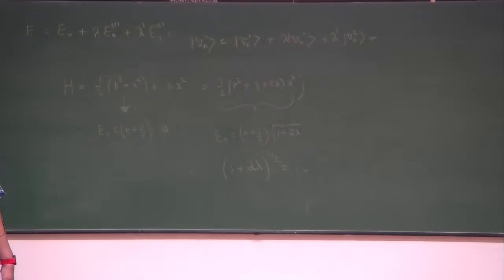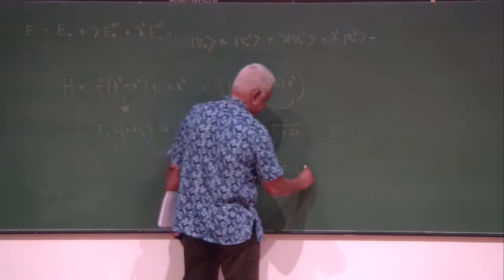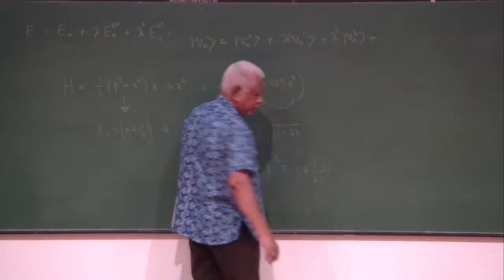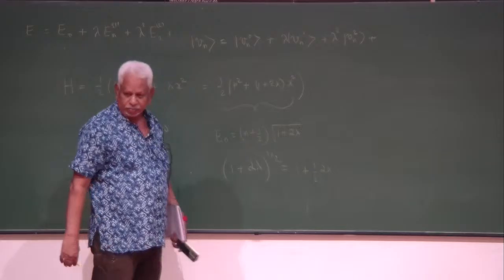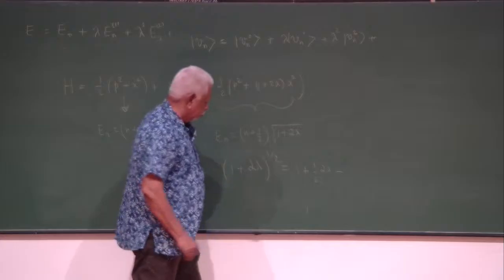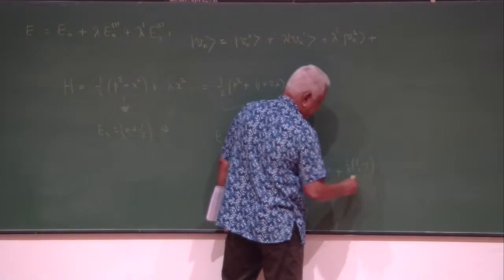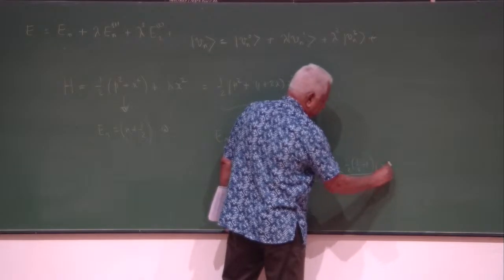Correct? Let me write 1 by 2 lambda. Correct? What is the next term? 1 by 2 into 1 by 2 minus 1, by factorial 2, lambda whole square.